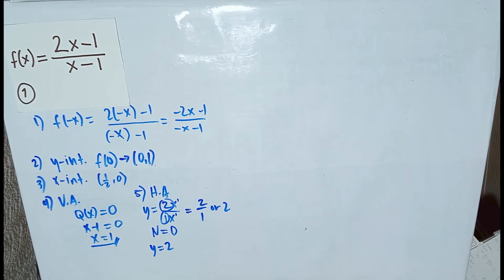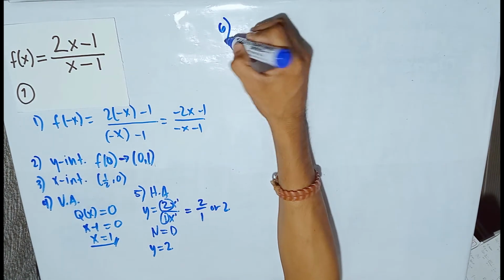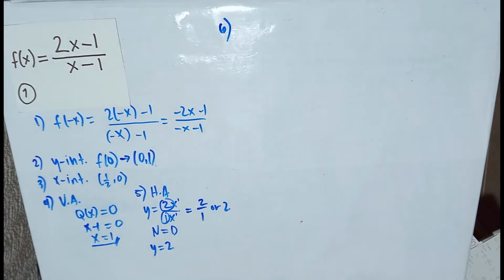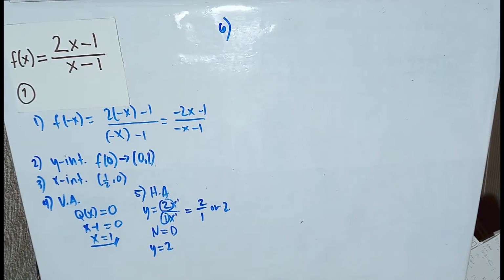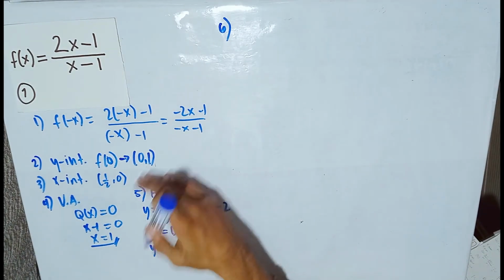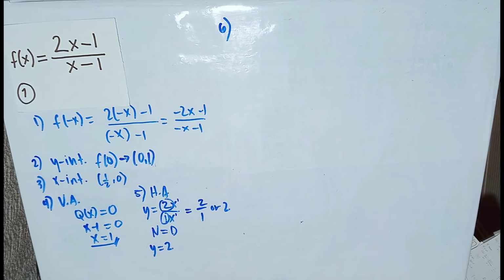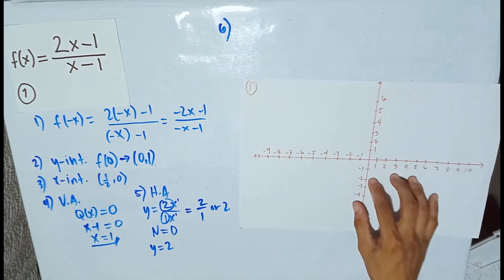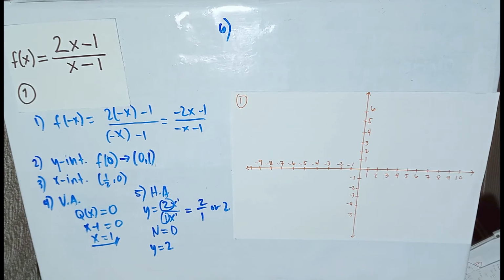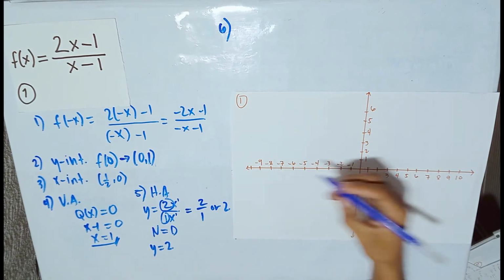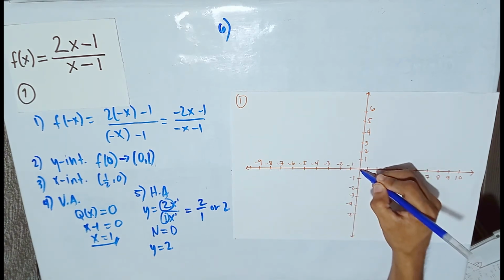Now, before we proceed to step number 6, kailangan na natin i-plot yung mga nakuha nating ordered pairs: yung y-intercept, x-intercept, vertical asymptote, and horizontal asymptote. Una nating i-plot yung y-intercept. So we have y-intercept 0 and 1.